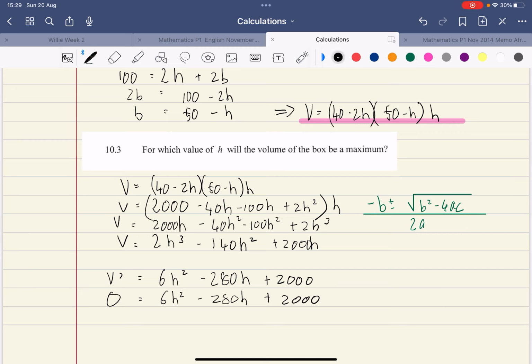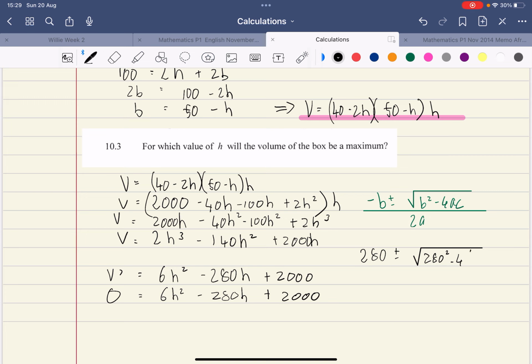So minus b would be 280. Plus or minus, let's find the value for the plus and the minus in our expression. 280 squared. Just going to leave the minus because a minus times a minus is a positive. Minus 4 times a, so that's 6, times c, 2000, over 2a, and that will be 12.